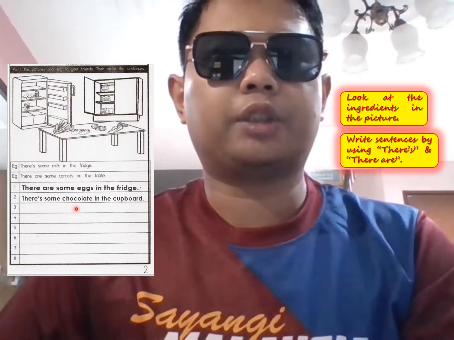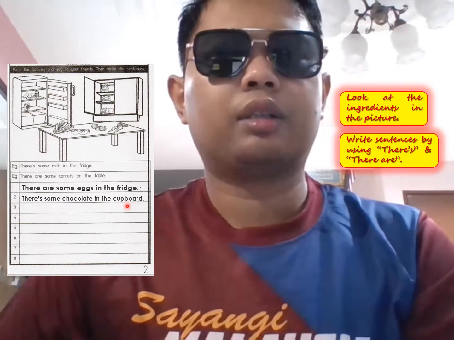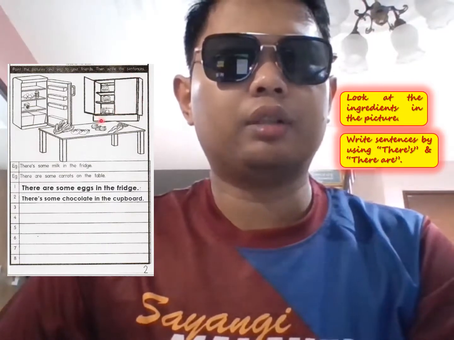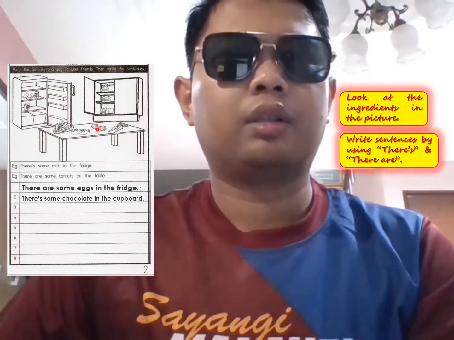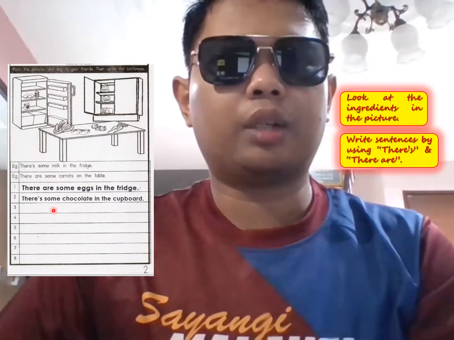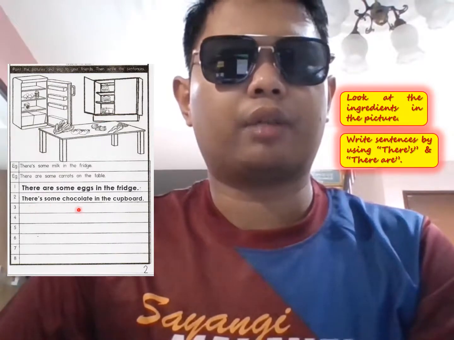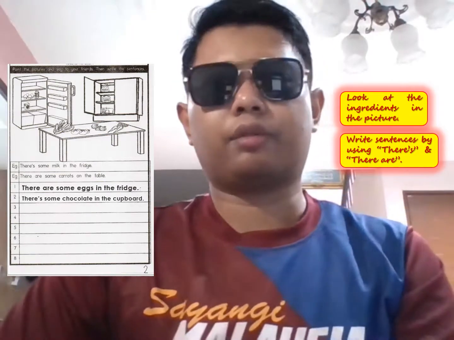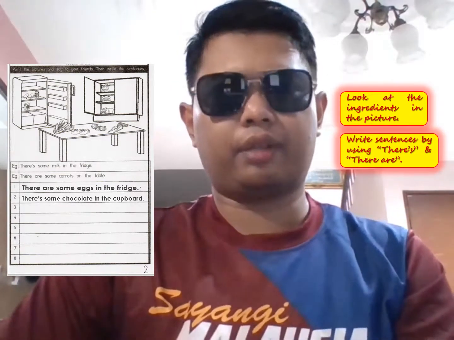There's some chocolate in the cupboard. You search for the chocolate. Here, it is in the cupboard. Chocolate you cannot count, so you use there's. There's some chocolate in the cupboard. That is how you do the exercise.